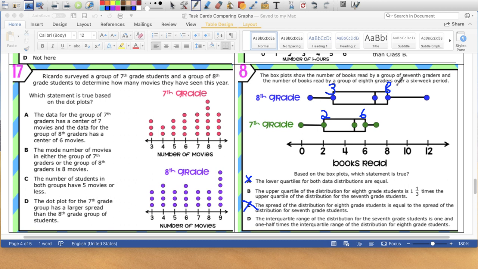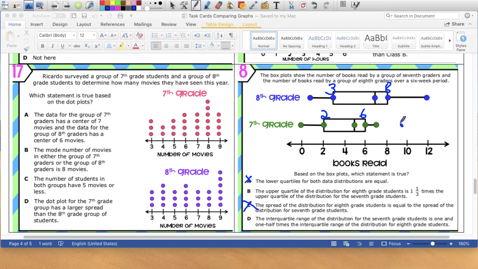The upper quartile for the 8th grade is 1 1/3 times the upper quartile of the distribution of the 7th grade. How's that 1 1/3? Let's see the interquartile range.